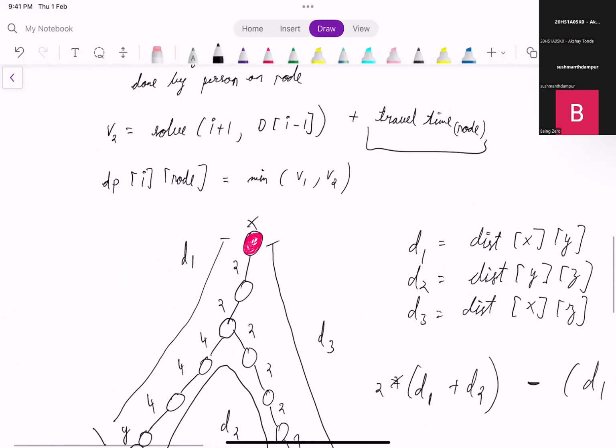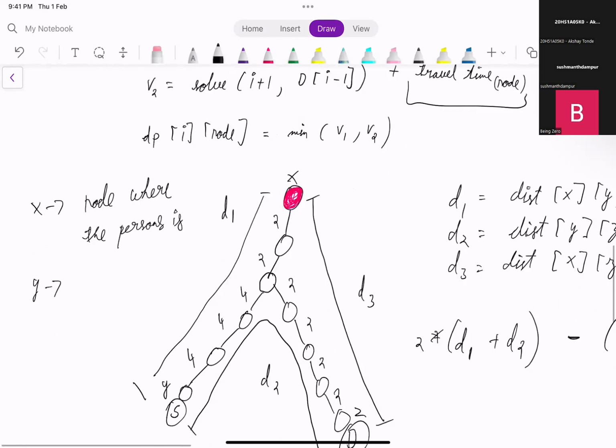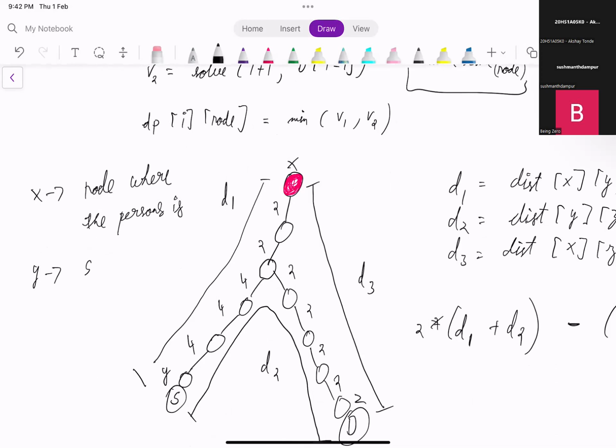Here x is the node where the person is, y is the source where the person needs to go on the ith day, and z is the destination where the person needs to go on the ith day.